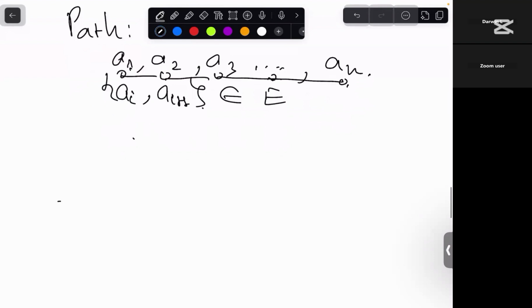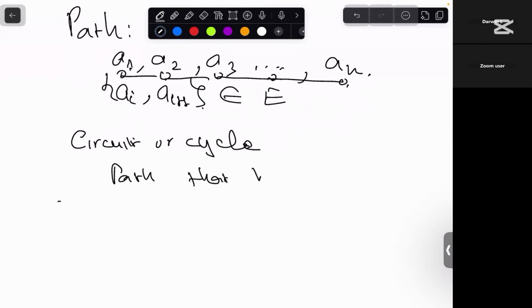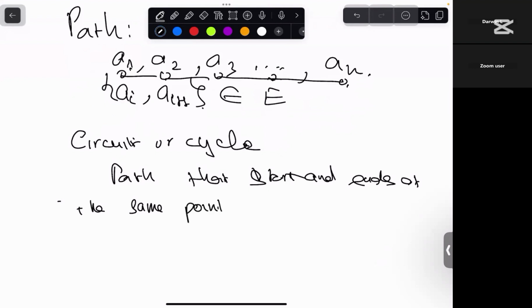A circuit or cycle is a path that starts and ends at the same point. If you have a path A1 to An, and it is a cycle, then An will be equal to A1.